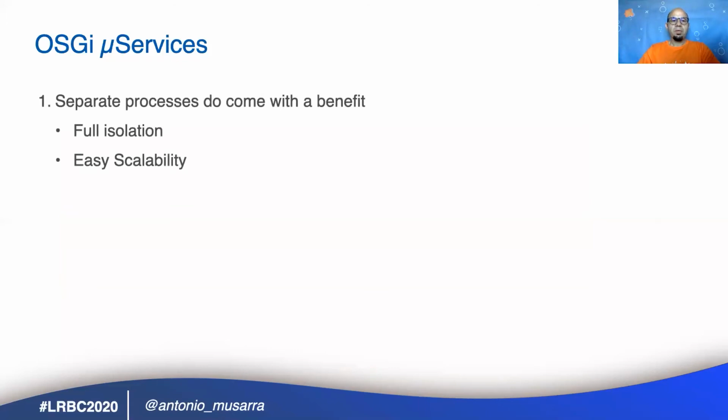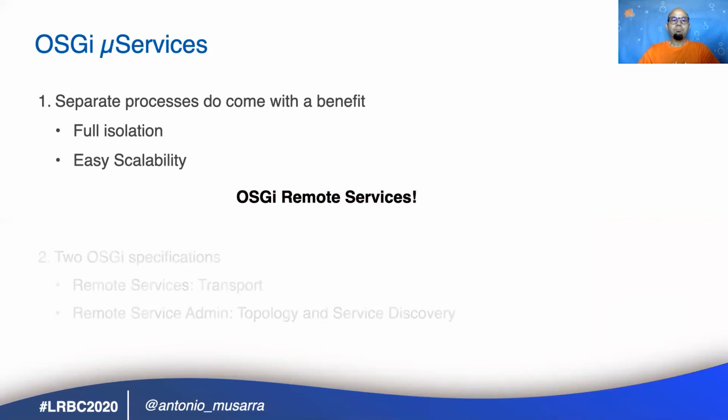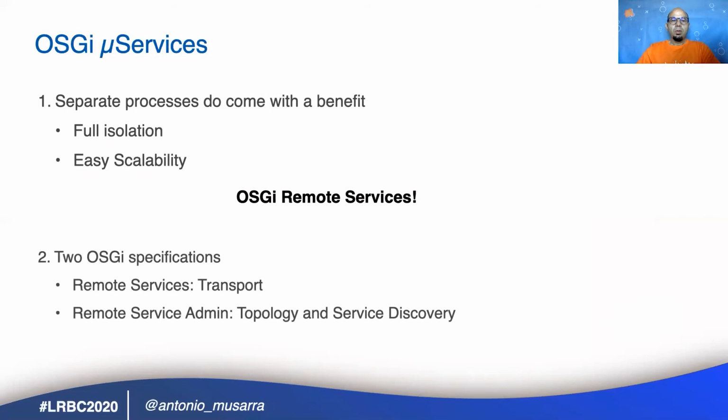Separate processes do come with a benefit: full isolation and easy scalability. All this translates into OSGi remote services. Two OSGi specifications for OSGi remote services: remote service transport, remote service admin, topology, and service discovery.